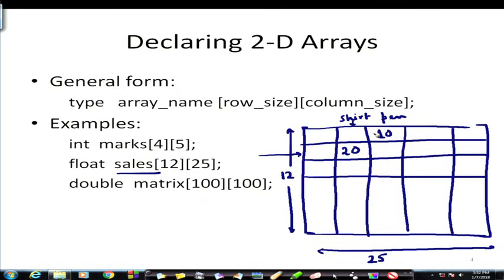Similarly, another very important thing to note is this type that we declared in the case of a one dimensional array is also applicable here, because each of these elements in this array will be of the same type. So, here I am saying cells, and I have said cells is float.